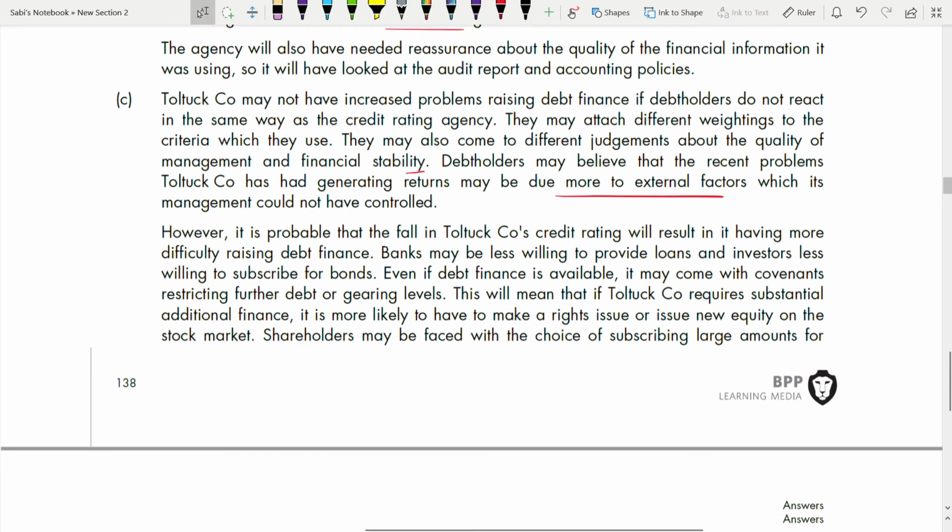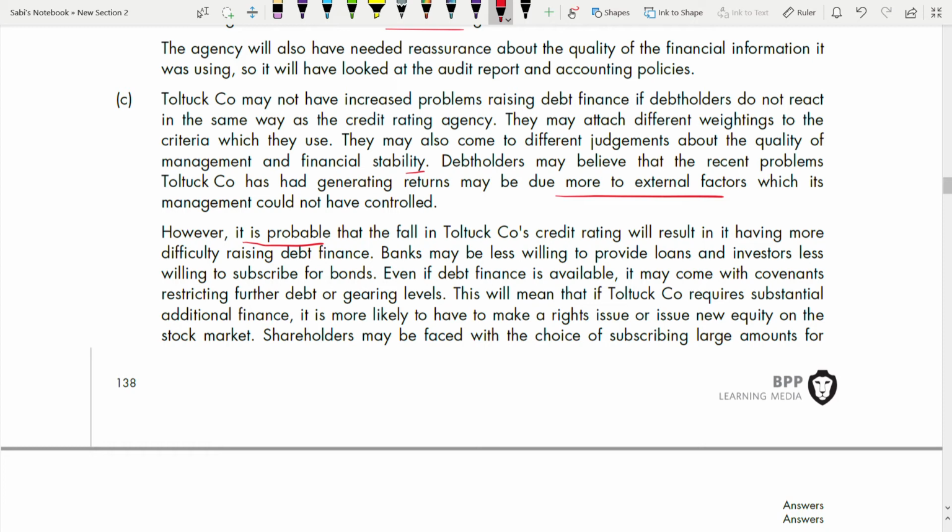Coming to second para. However, it is probable that a fall in Toltec's credit rating will result in it having more difficulty raising debt finance. On the one hand, you are saying that it might not be a problem. On the other side, you are saying it might be a problem.